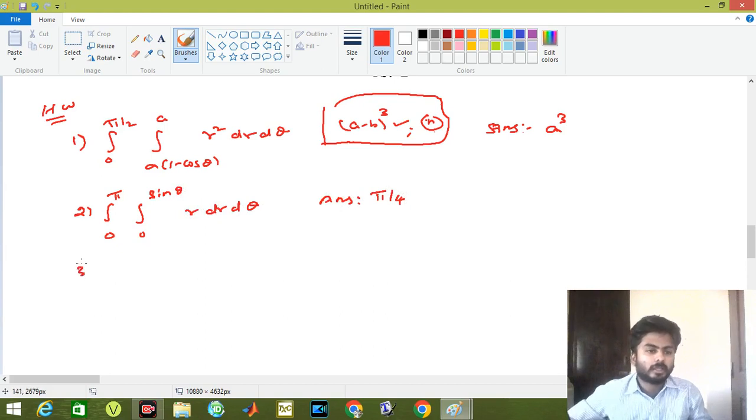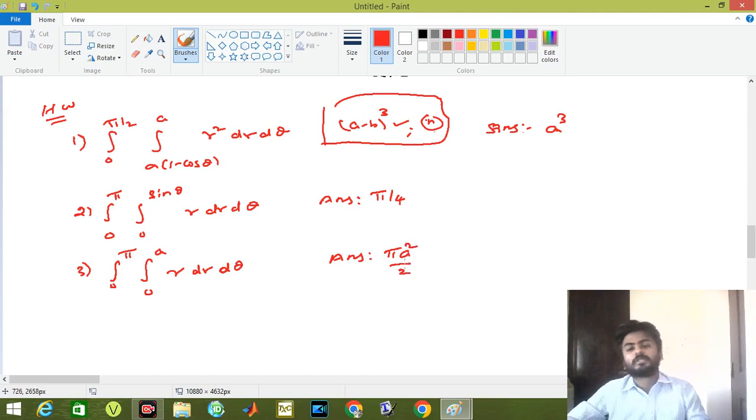Third, the third problem is evaluate integral 0 to pi, then integral 0 to a, r dr d theta, and for this your answer is pi a square by 2. So complete these three homeworks.